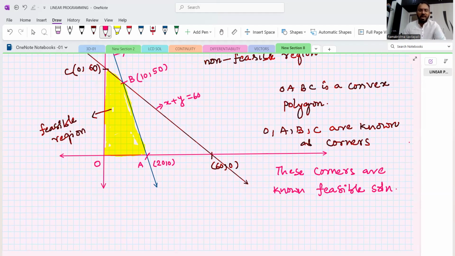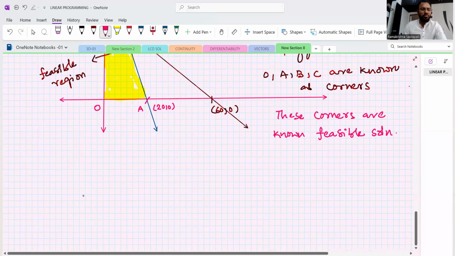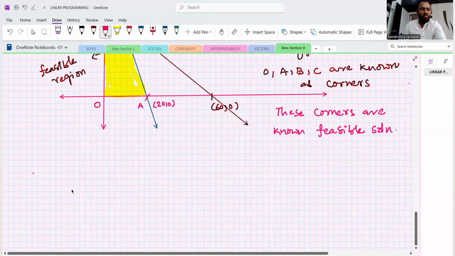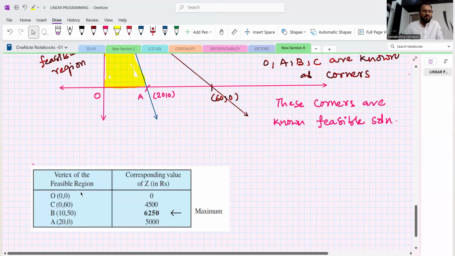Here we have four corners, so we have to substitute each corner in our objective function so that you will find the maximum profit. Here I am going to find what would be the maximum profit.